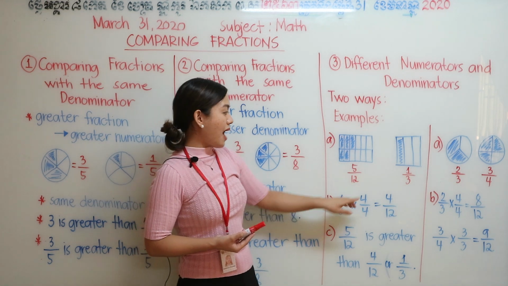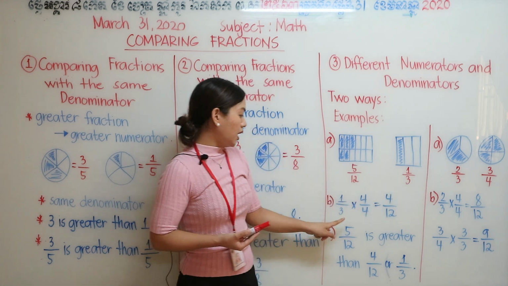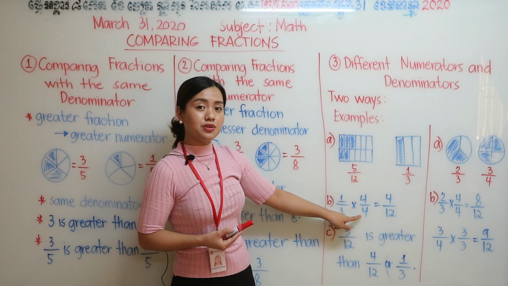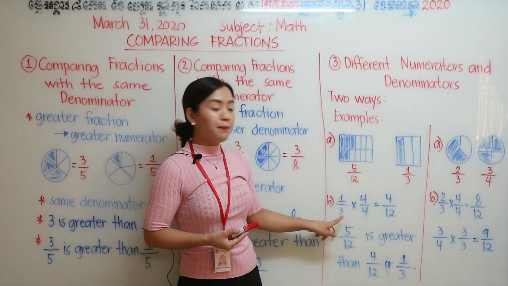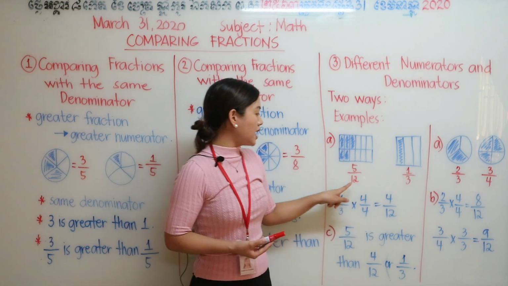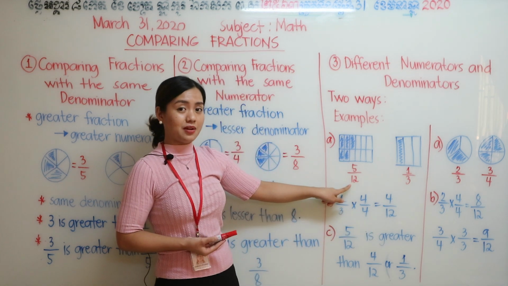Okay, so we have here 1/3. I chose 4 because if we multiply 3 by 4, the answer will be 12, which is the same as what we have here.